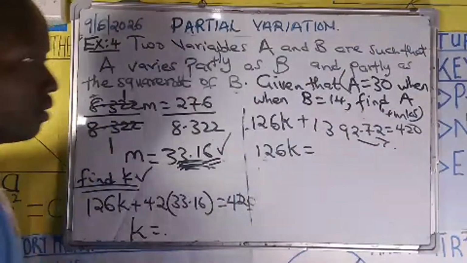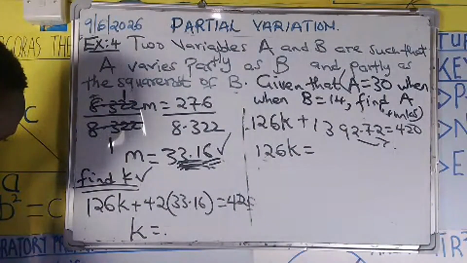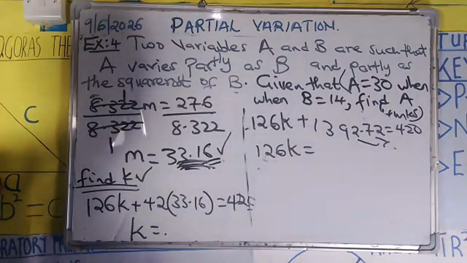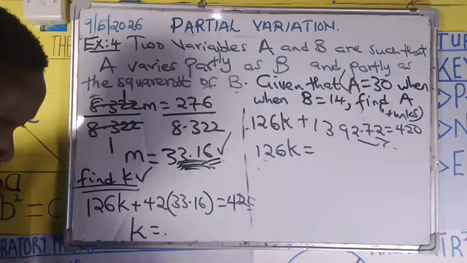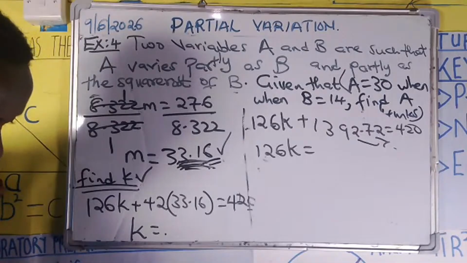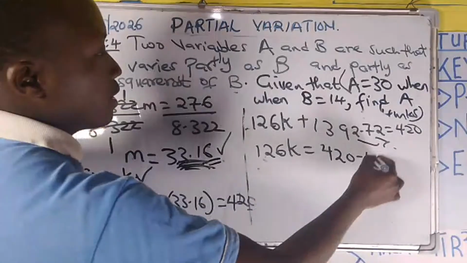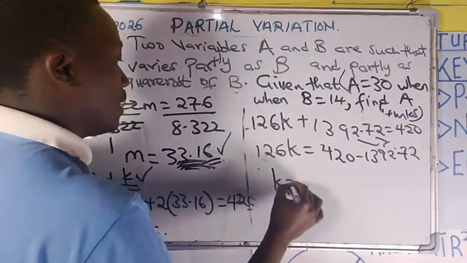Nipate 126k is equal to 420. Aya, malizieni. 420 minus 1392.72. Nipatieni value ya k ni nini?